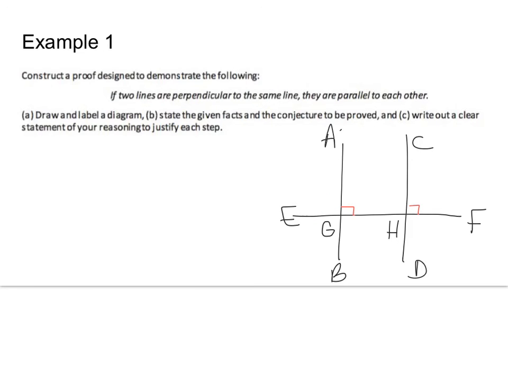Okay, I just redrew the picture so I could label it a little bit better. So we have some things that are given. I'm going to say that AB is perpendicular to EF, and CD is perpendicular to EF, and that's all given.